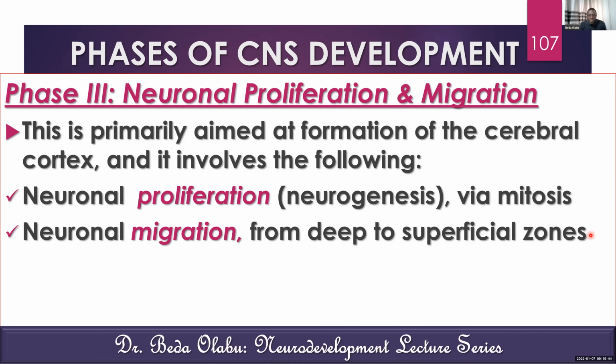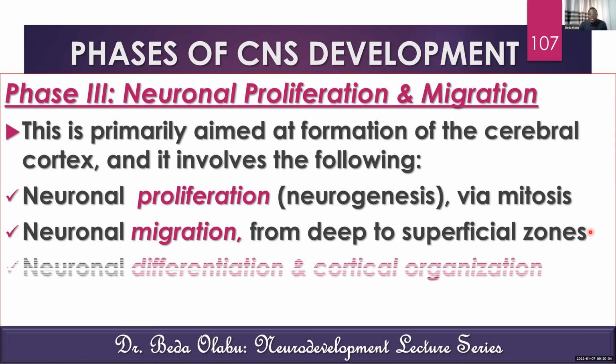Neuronal migration occurs in that direction largely, from deeper to superficial zones. Remember, the major aim of neuronal migration is to develop the cerebral cortex. And where is the cerebral cortex? Superficially.